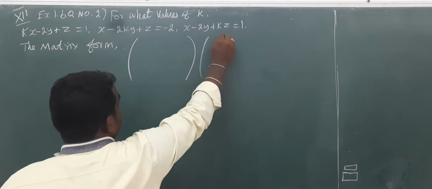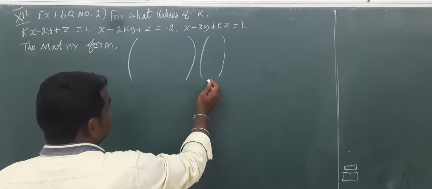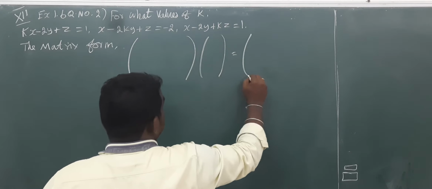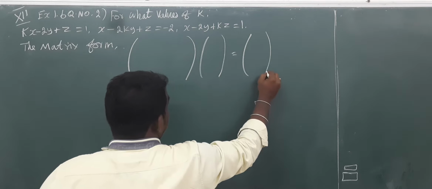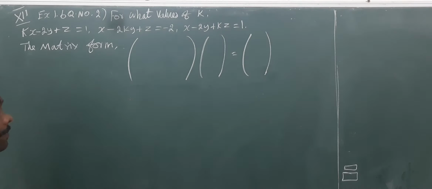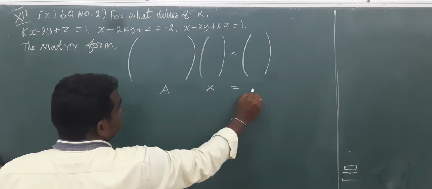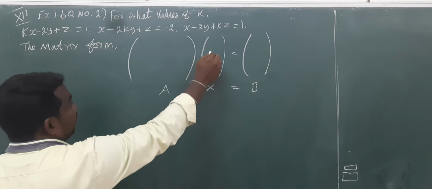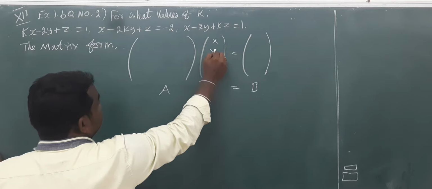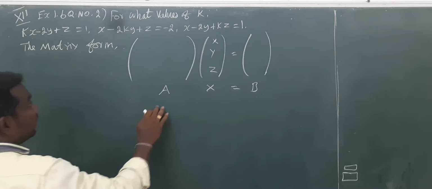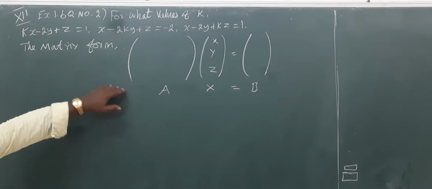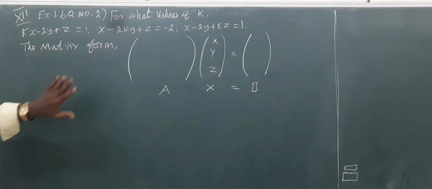Then you write the variable x, y, z. Then you write the right hand side value. We denote AX equal to B. X is the variable x, y, z, and A has all the coefficients of x, y, z.